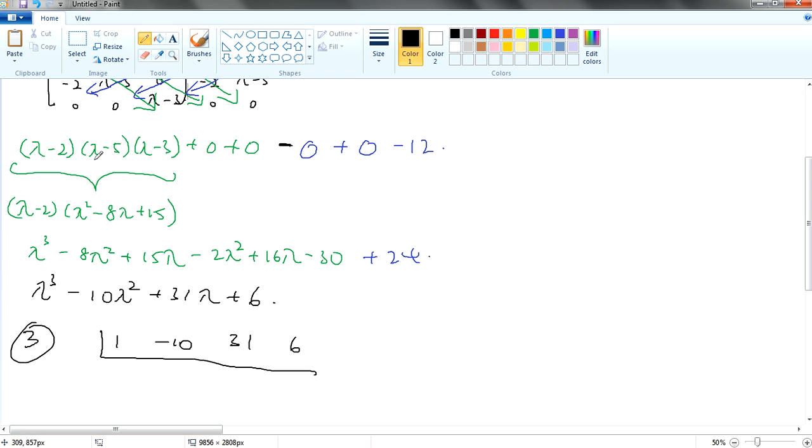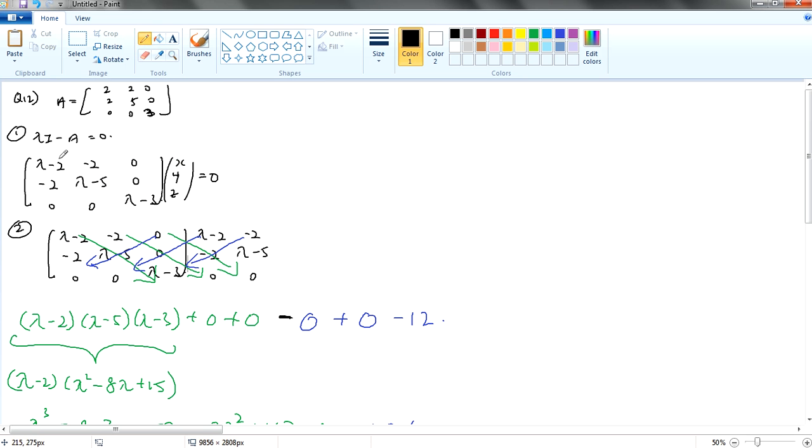Hold on. Lambda squared minus 3 lambda minus 5 lambda plus 15. And then lambda cubed minus 8 lambda squared plus 15 lambda minus 2 lambda squared plus 16 lambda minus 30. So this is what it is. Minus 5.